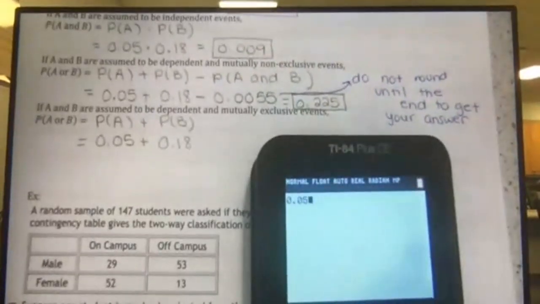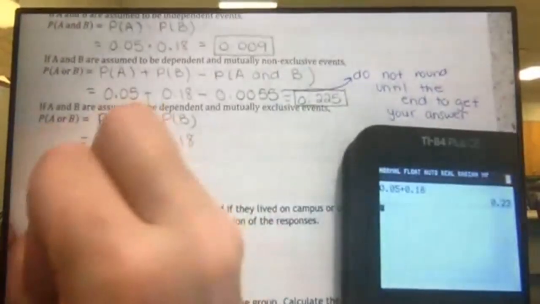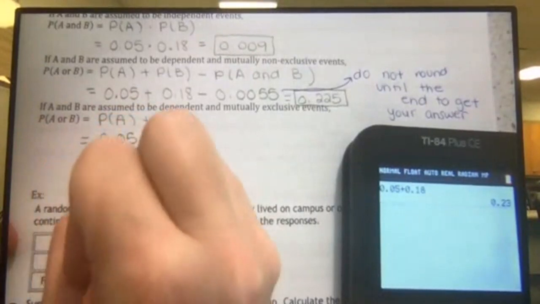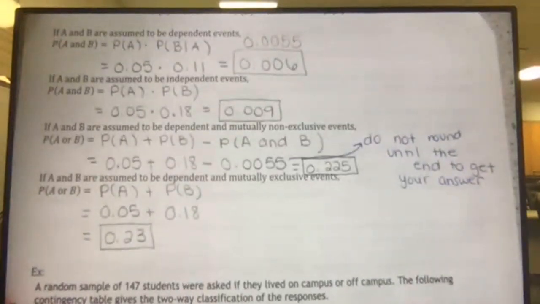Adding those together, we get 0.23. And that's it. Questions for this one before we go to the next one?